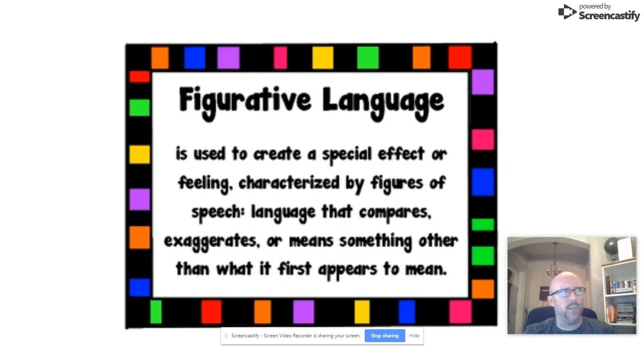It can be an exaggeration, it can be a comparison, or it can flat out just make something mean something other than what it literally means. So literal is exactly what somebody's trying to say. Figurative is now we're trying to give it a little bit of different meaning or a little bit of extra life.